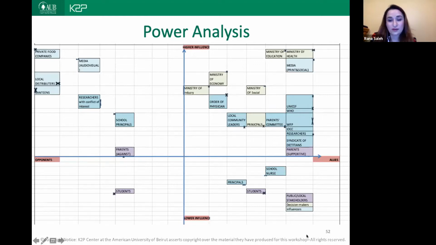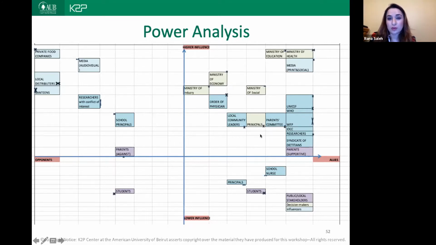We have identified influencers in blue, decision makers in green, and the public and local stakeholders in purple. As you can see here, there are a lot of allies: multiple international and national NGOs, researchers, the syndicate of dietitians, parents committees, the order of physicians. All of those are allies with us.